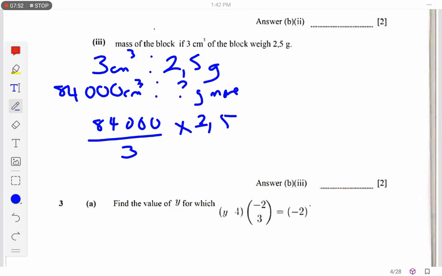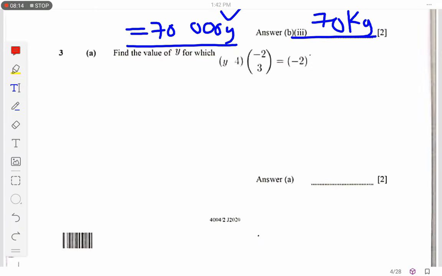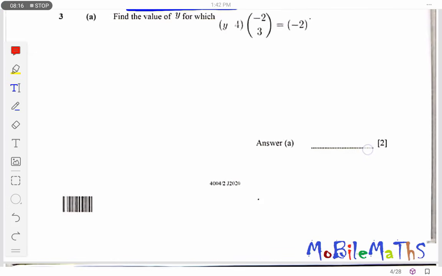Then if you multiply, we'll get 70,000 grams. You can write 70,000 grams since they have used grams. If you want, you can convert this to kg: divide by 1,000, that will be 70 kg. It's still the same. Let's move on to number 3.